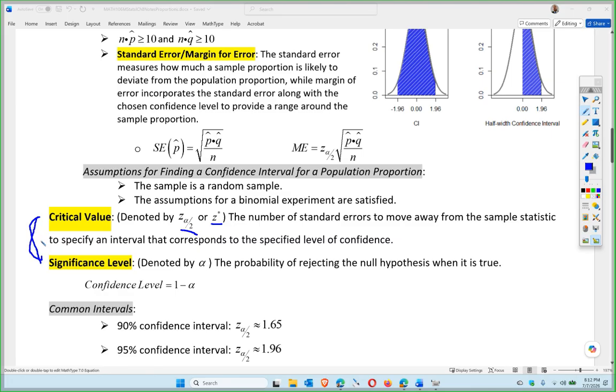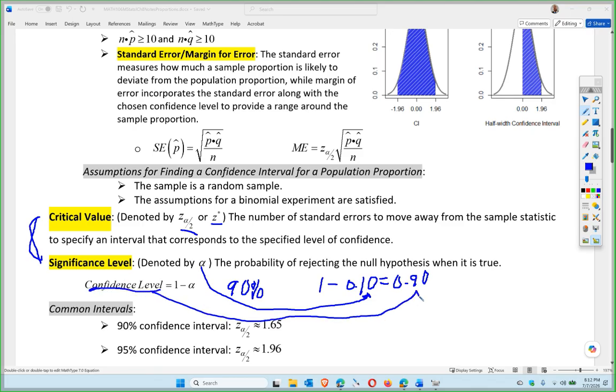So if you have a confidence level of 90%, then 1 minus 0.10 is 0.90, correct? So the significance level, denoted by alpha, is 10, and the confidence level is 90.